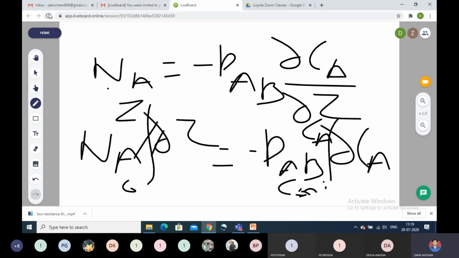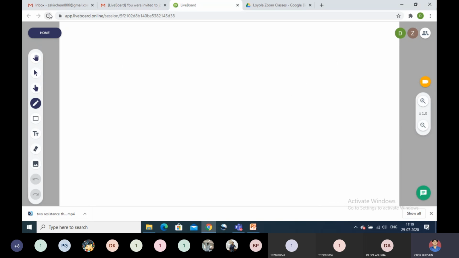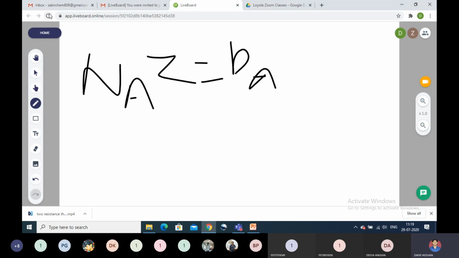Now the derivative and integral cancel out: upper limit minus lower limit for Z is Z minus 0, and for concentration it is CA minus CAI. So we integrate and substitute the variables. NA Z is equal to minus DAB times (CA minus CAI).